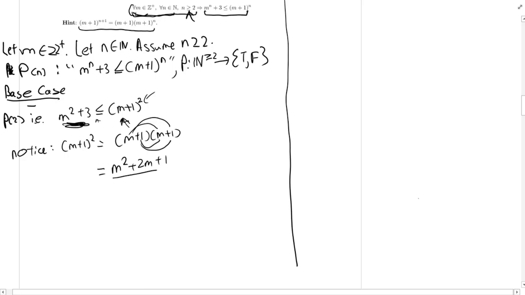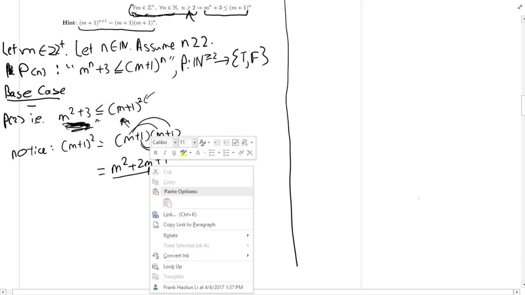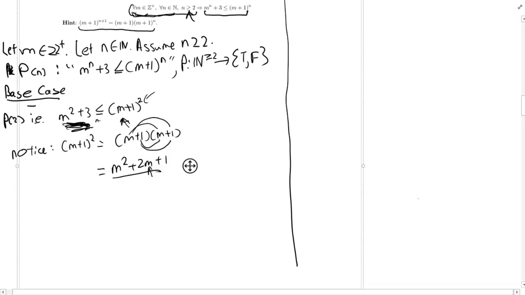Now we compare this with this up here. Notice that m is going to be a positive integer. Positive integer means that it's not 0. Imagine if m here is 1. Then this added to this is 1, and then added to 1, that's going to be 3, so it's going to be exactly the same as before.